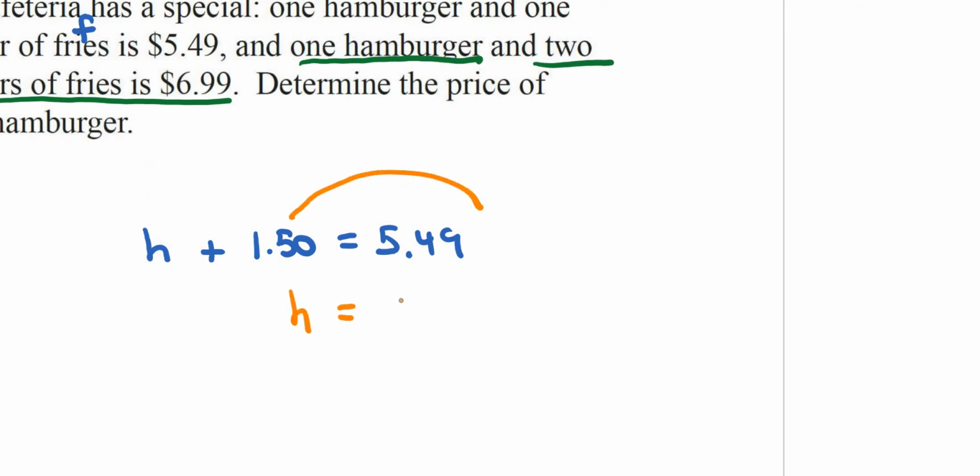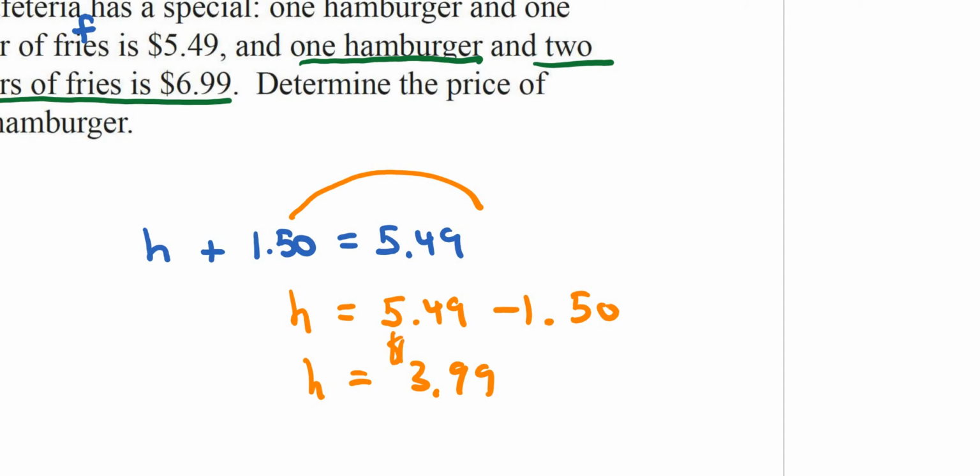H equals 5.49 minus $1.50, which is going to be $3.99. So 1 hamburger is $3.99, and that's how you solve that particular question.